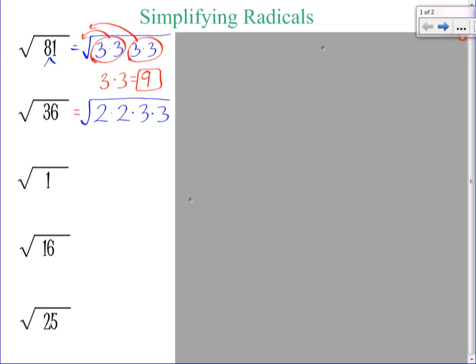And we're looking for matching sets of numbers. So we've got a matching set here, matching set here. And what we're doing is we're taking those numbers out. And when you take them out, you only write one of them. Okay, so we've got this pair of 2's, take out a 2, pair of 3's, take out a 3, gives us 6.